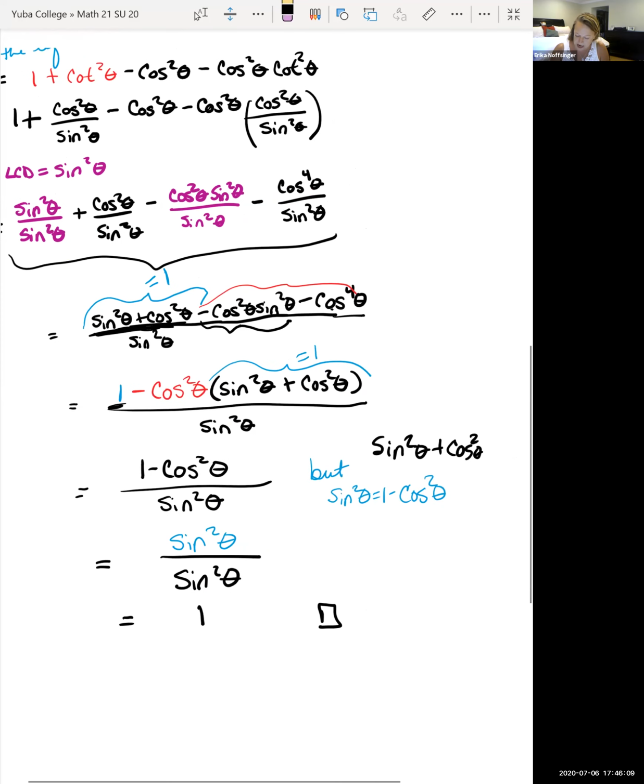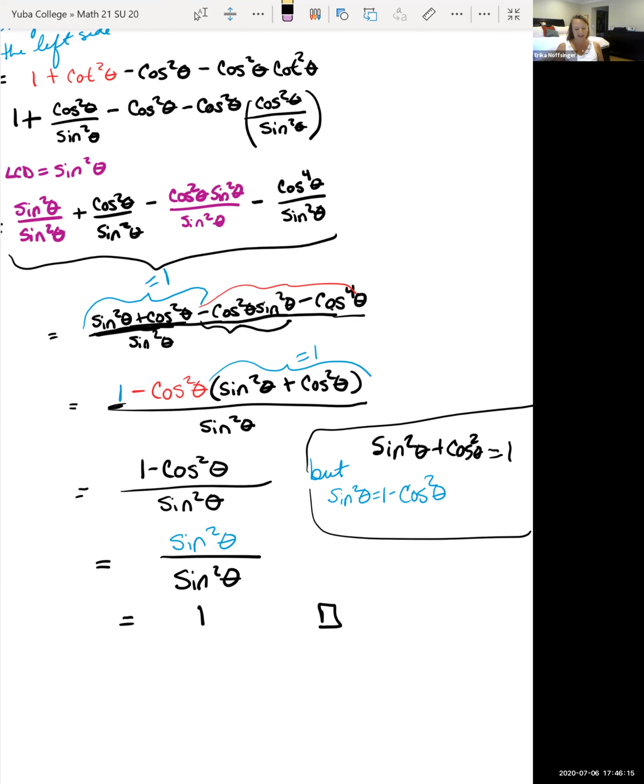And if you subtract both sides by cosine squared theta, that's just a side note, then you have sine squared is the same thing as 1 minus cosine squared. So we can just substitute that in.